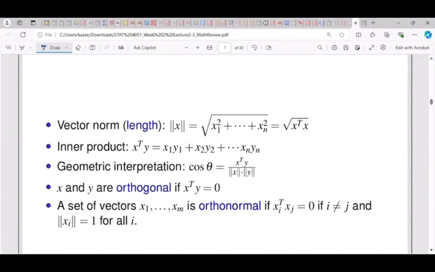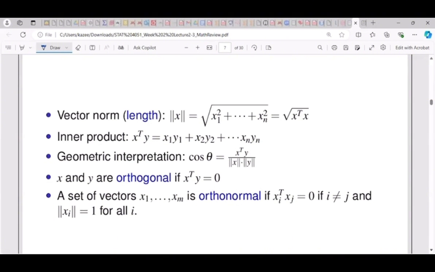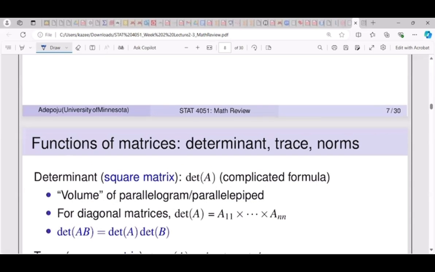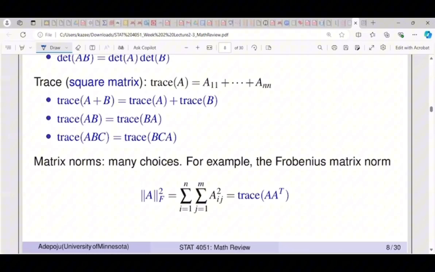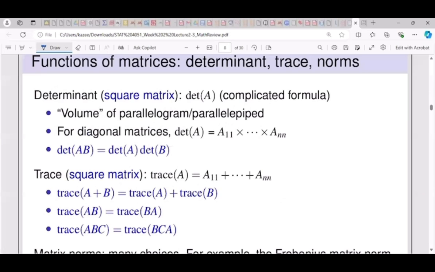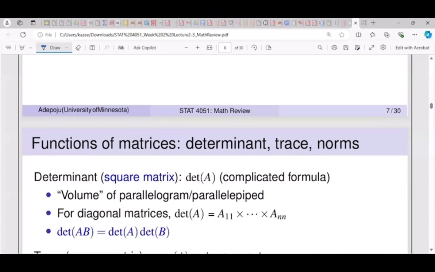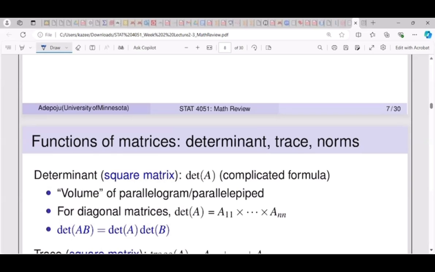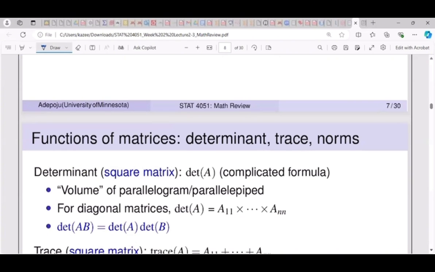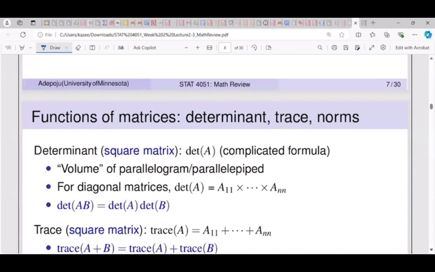What is the next thing I want to talk about? The next thing is the determinant, the trace, and the norm. I have a square matrix, and of course I want to find the determinant of the matrix. What is the significance of finding the determinant?